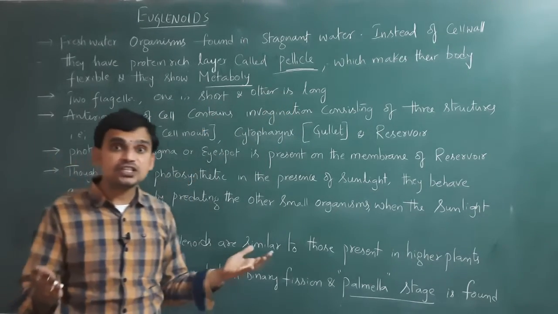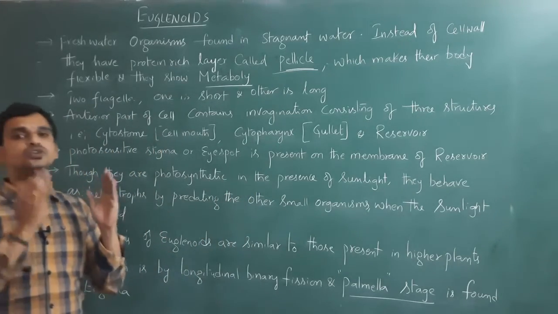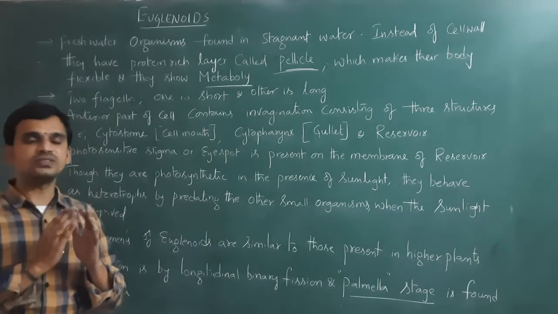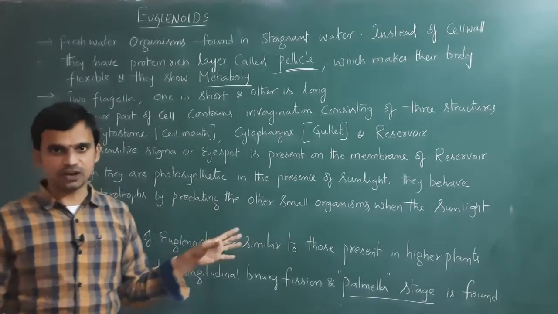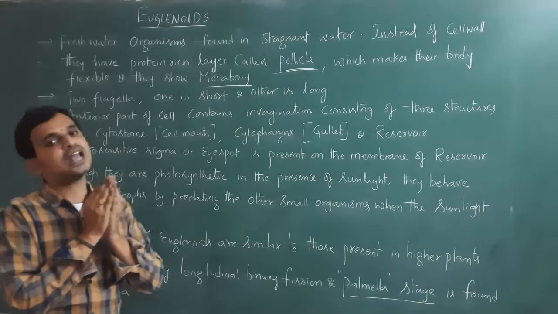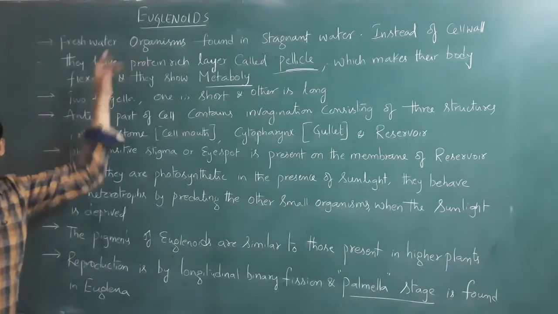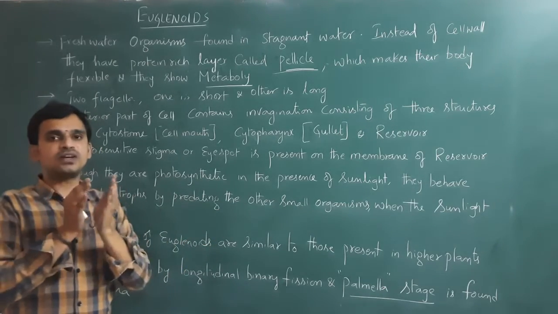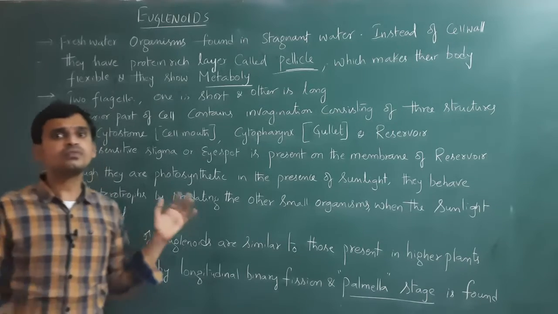Whenever the conditions become unfavorable, the euglenoids throw off their flagella, so the flagella are removed. A number of euglenoids can join together to form a gelatinous mass. These are unicellular organisms, and a number of them remove their flagella and join together to form the gelatinous mass.